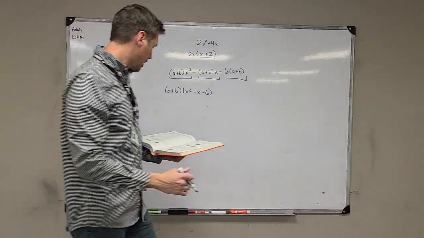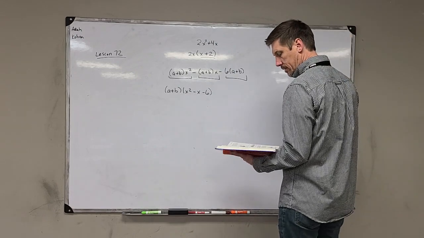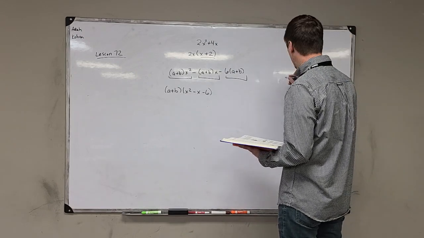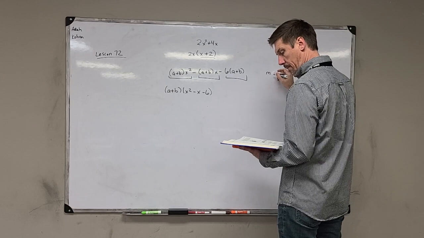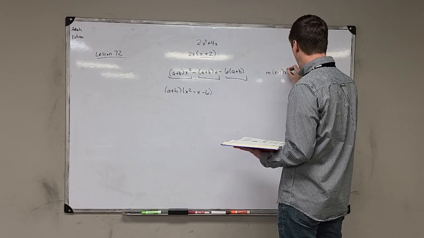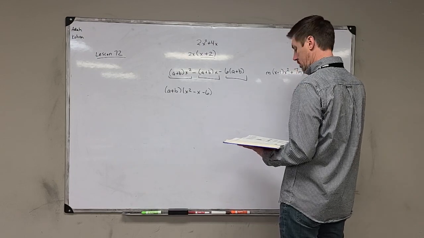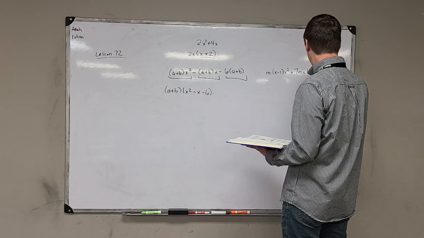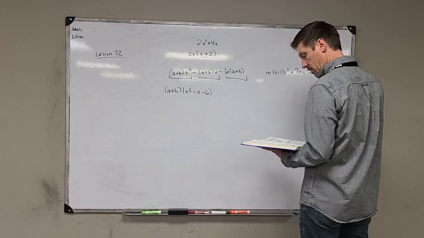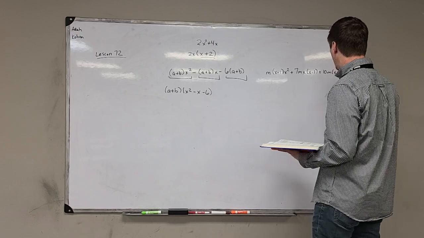So now let's do one that's maybe a little bit harder to see. So if we have (x minus 1) times x squared plus 7mx times (x minus 1) plus 10m times (x minus 1).